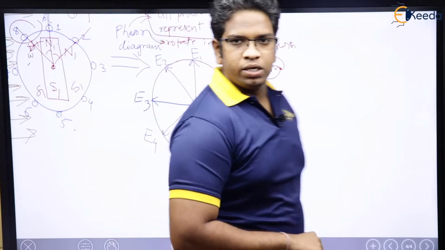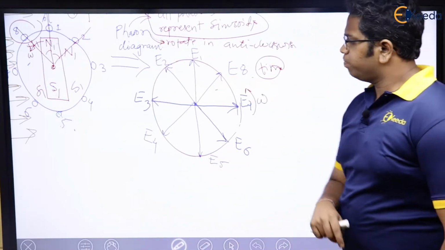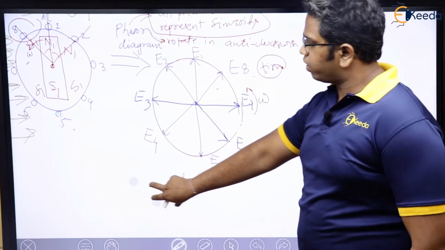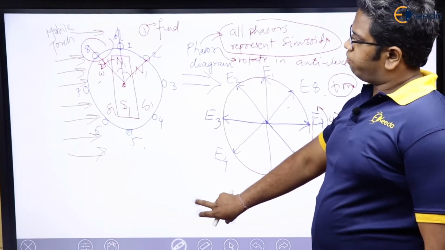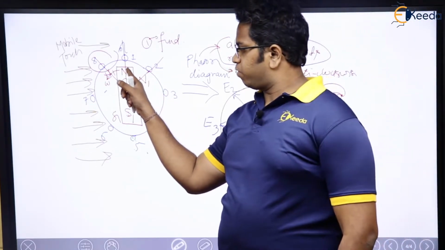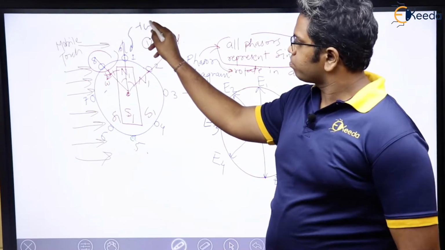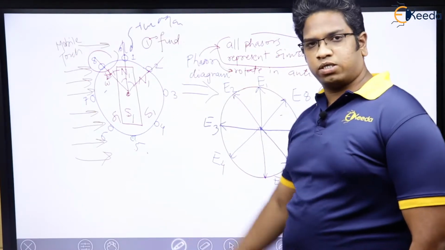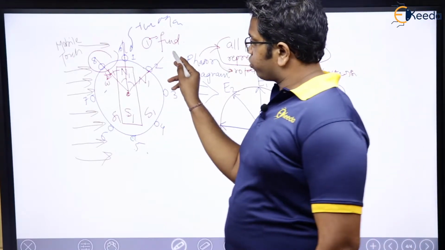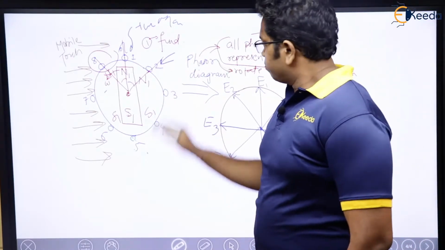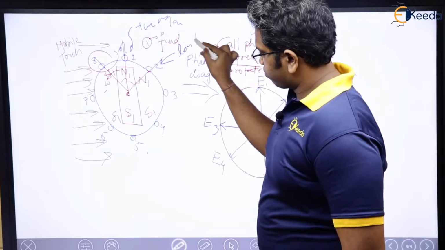Now see here. You may ask me, sir, but if you see, for example, when this N1 was here, S1 was here, E1 was positive maximum, but at the same time E2 was going to be what? Less than positive maximum. Why?